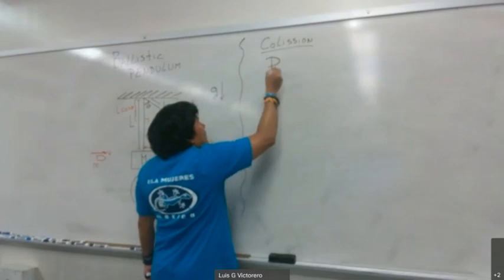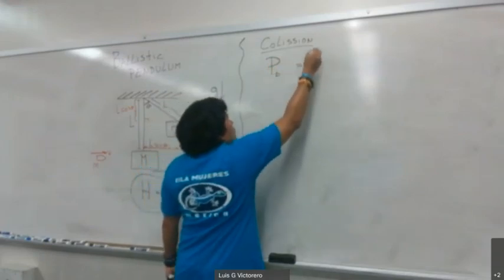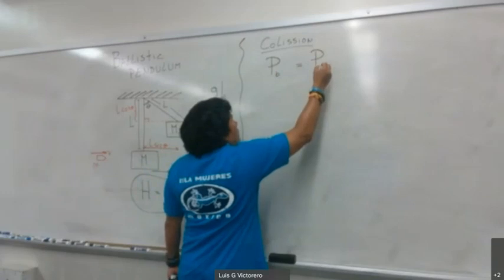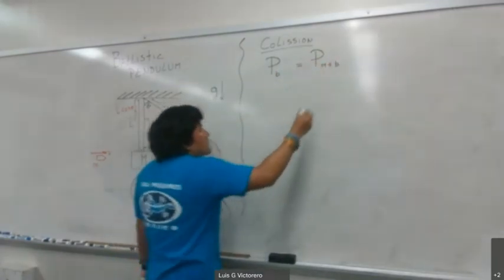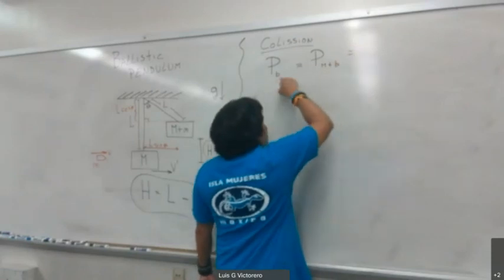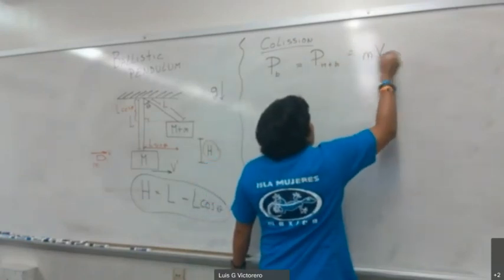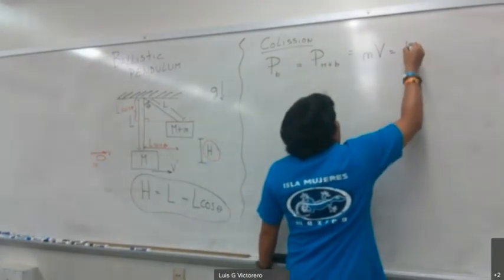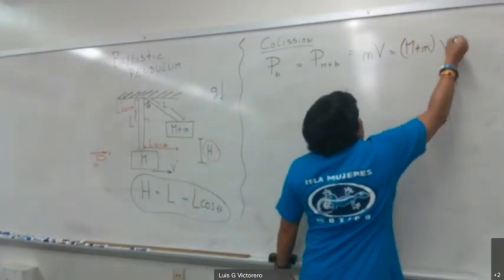the momentum of the bullet is equal to the momentum of the mass plus bullet system. The momentum of the bullet is little m v. This will be m plus little m times v prime.